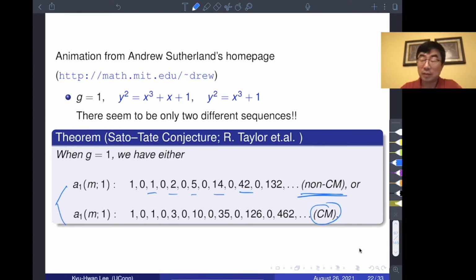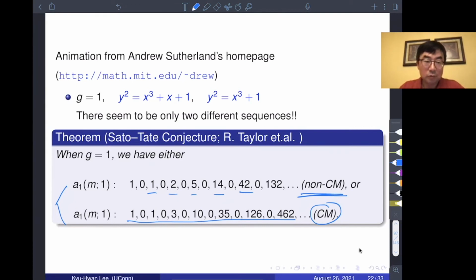These are Catalan numbers. And if the elliptic curve is CM, then we have these numbers. These are central binomial coefficients. This is a very interesting, amazing thing, and now it's proven.